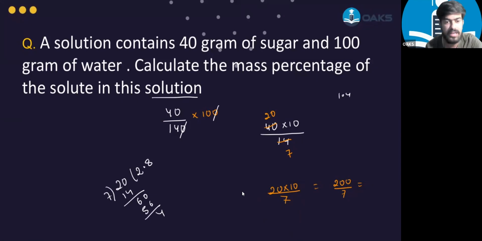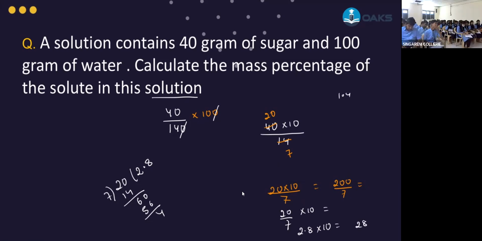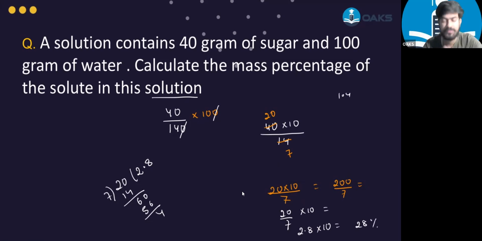We can stop the calculation here. So 20 divided by 7 multiplied by 10: we got 2.8 into 10, which will be equal to 28. Understood what I did? Clear to everyone?